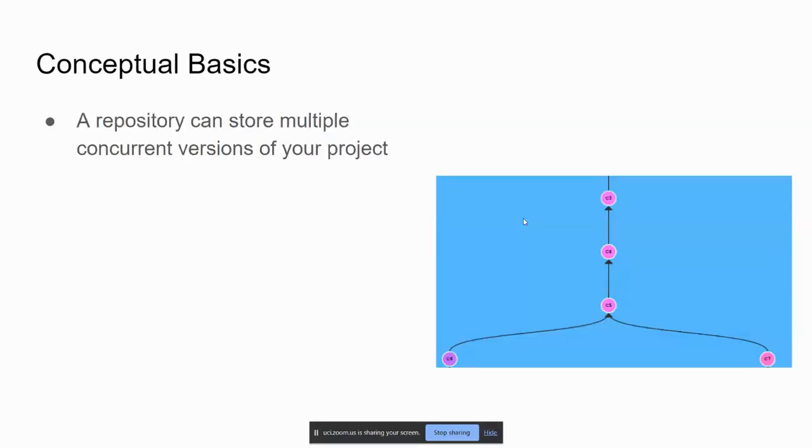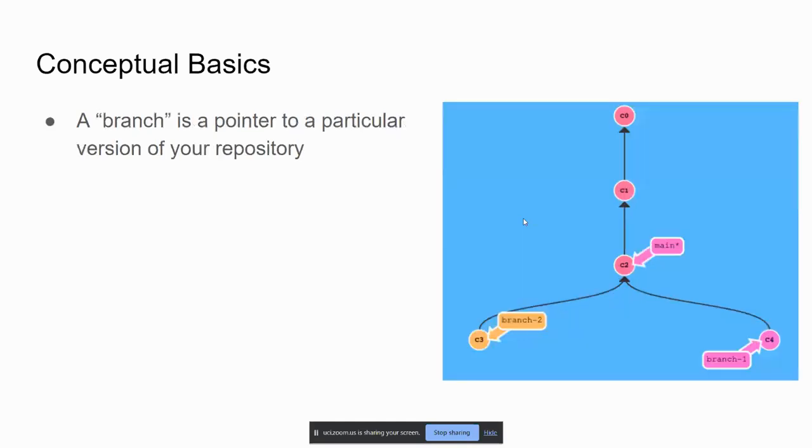Okay, sweet. You can also store multiple versions of your projects. So in this example, C6 and C7 are both different versions of the project that were created from the base version C5, which itself was on top of C4, etc. Okay, makes sense? So to keep track of the different versions, you have branches, which are pointers to a specific version of your project.